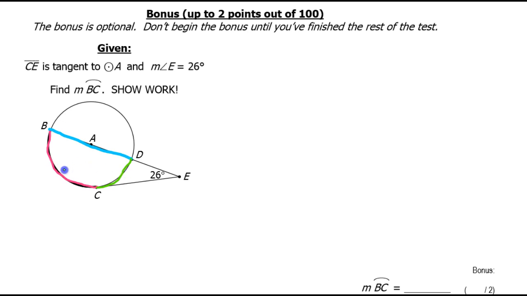So I'm going to call one of these X. It really doesn't matter which one. But then the other one is going to be 180 minus X. Alright, I think I'm going to pick the green one to be X. So if I call that X, then the red arc must be 180 minus X. So now I have an expression for both arcs.